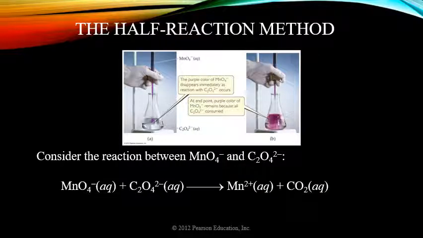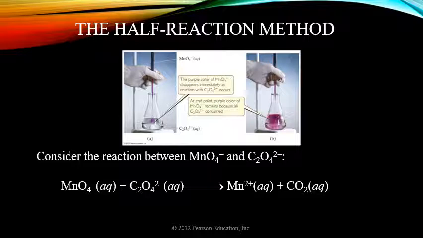So with this half reaction method, we have titrations that we can perform, which would be called a redox titration. When we do that, we have one of the ions that's undergoing the oxidation or the reduction process change colors. So it's not necessary to have an indicator like we would for an acid-base type of titration, but in this case we can see the change in color as one of the substances undergoes some type of transition from one oxidation number to another.